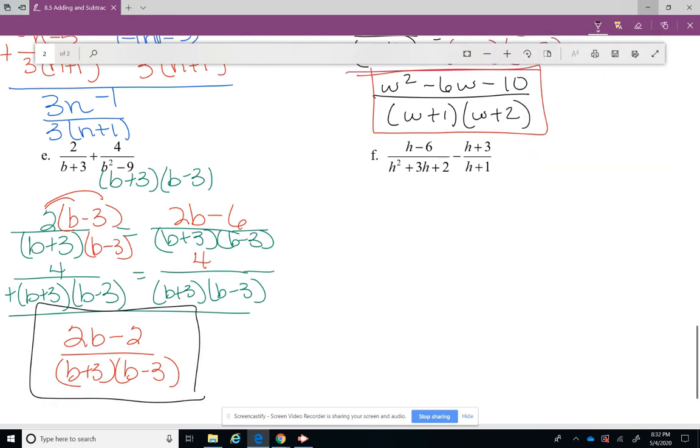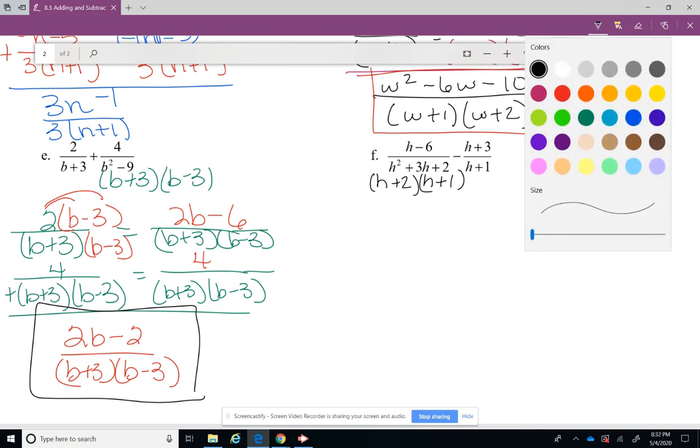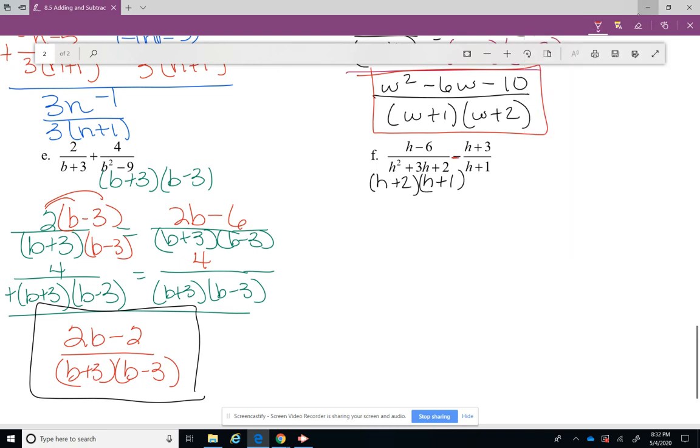All right, this is our last one. And we're going to take this first denominator and break it down into h plus 2 and h plus 1. So we already have an h plus 1, so that is our common denominator. I'm going to take that negative, I'm going to change it to a positive.